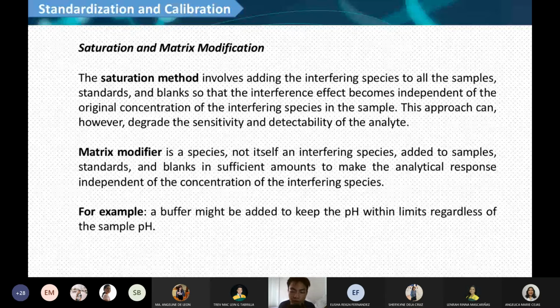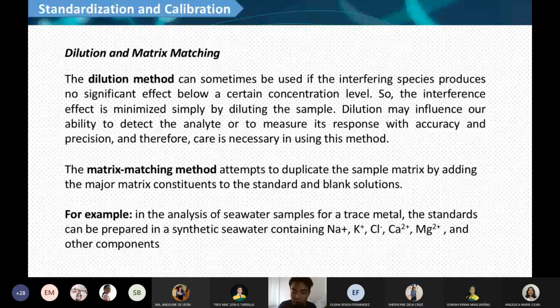Yung matrix modifier naman, you add those solutions so that the interferences will be suppressed. No? So whatever is read by your instrument will correspond to the analyte that you are looking for. For dilution, this is a method in which you add water to decrease the concentration of your interferences. Hence, they will not be detectable. Okay?